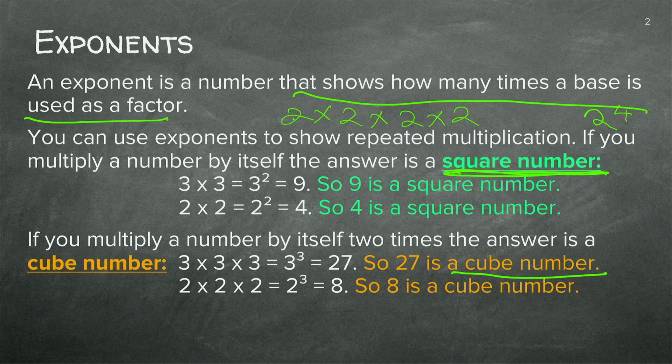So a square number, for example, if you multiply 3 by 3, it is 3 to the power of 2, and that will give us 9. So 9 is a square number. Another example, if you multiply 2 by 2, that is 2 to the power of 2, which equals 4. So 4 is a square number.